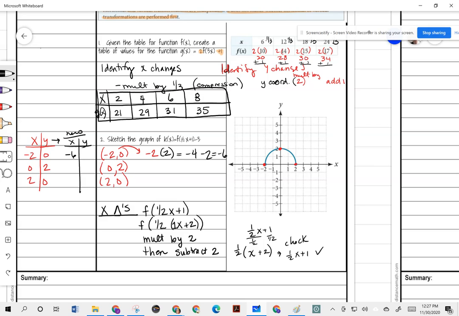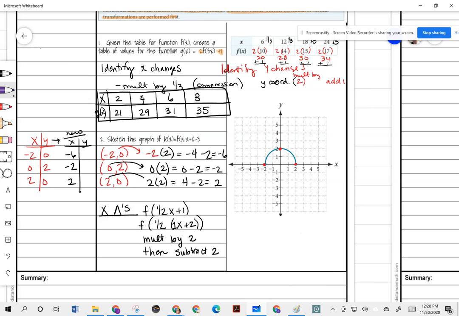So now I'm going to do the same thing. 0 times 2 minus 2. And then now I've got 2 times 2 minus 2. It's going to be 2. So I'm done with my x changes.